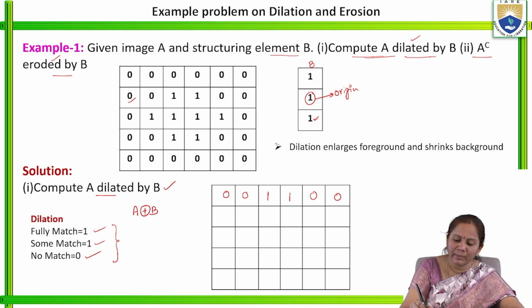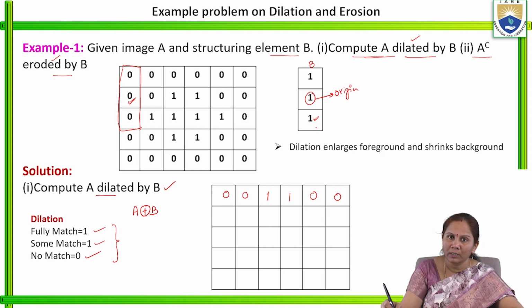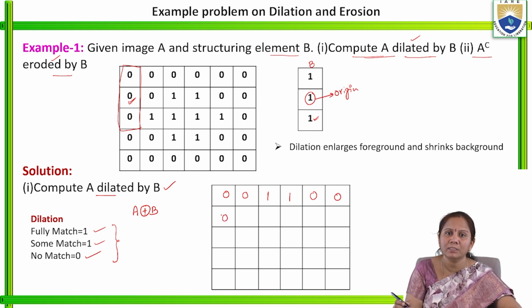So the structuring element will be here. 1, 1, 1 are the values in the structuring element, but here all are zeros. So not even one element is matched.